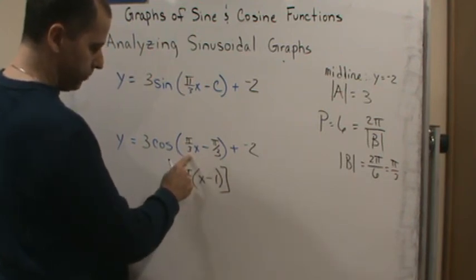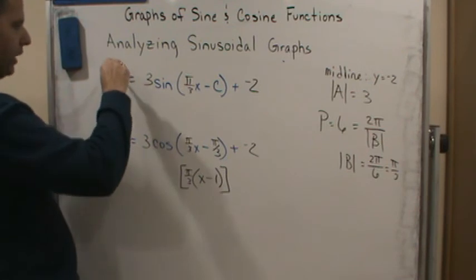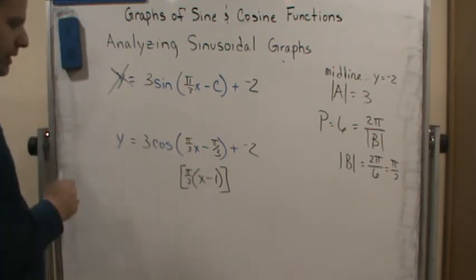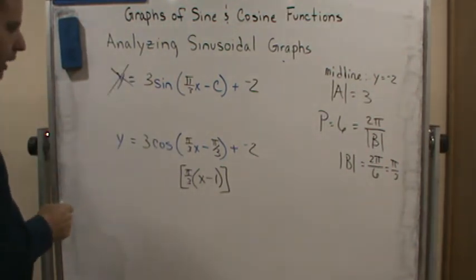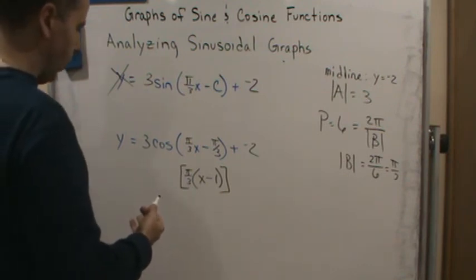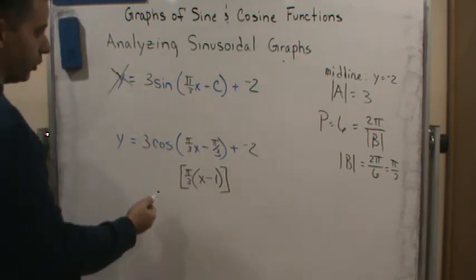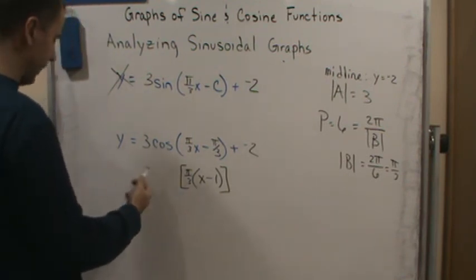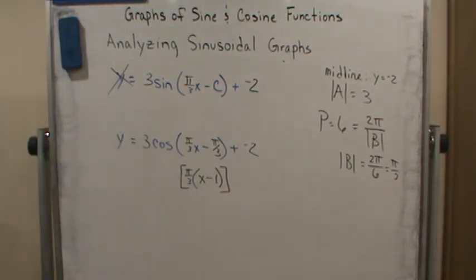We're not going to do the sine version, because in this case it's easier to deal with cosine. Now, there is another way, because you could deal with a reflection. If you move it to the left 2 units, you'd have to invert it by multiplying by -1.